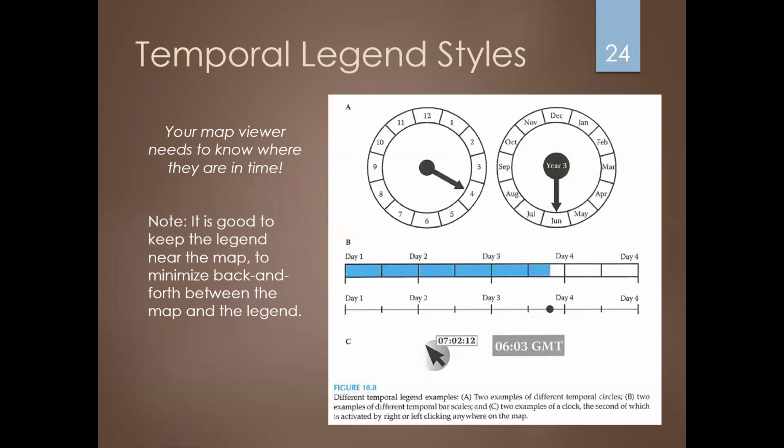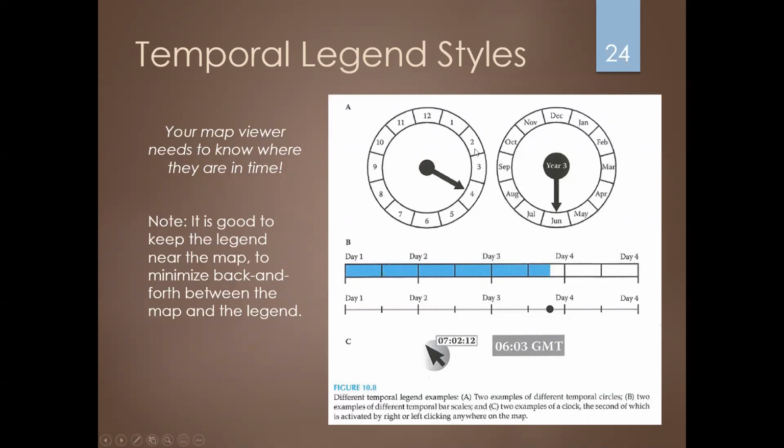And at last, when you are making animations, legends are also very important, especially when you're trying to make temporal animations. You want your readers, your users, to know the exact time right now for a specific frame. So there are different solutions.